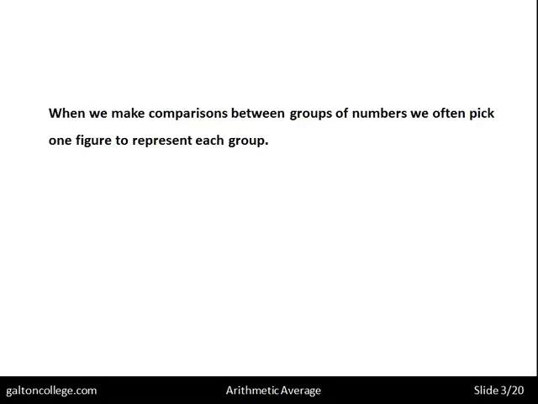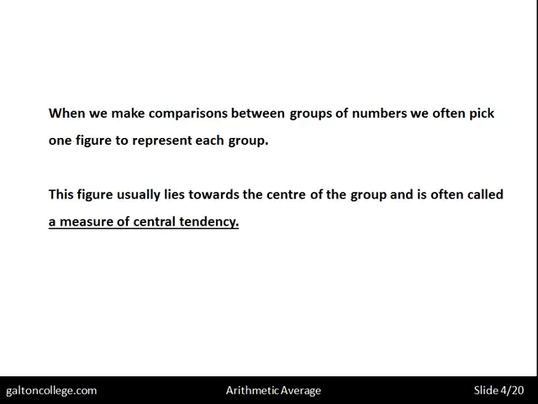And we want to distinguish between groups, and often, as I said, we might go for this type of average as an indicator of the differences between the groups. The figure usually lies towards the center of the group and is often called a measure of central tendency. Well, the average weighs up the group on either side, and it's, in a sense, a middle figure.